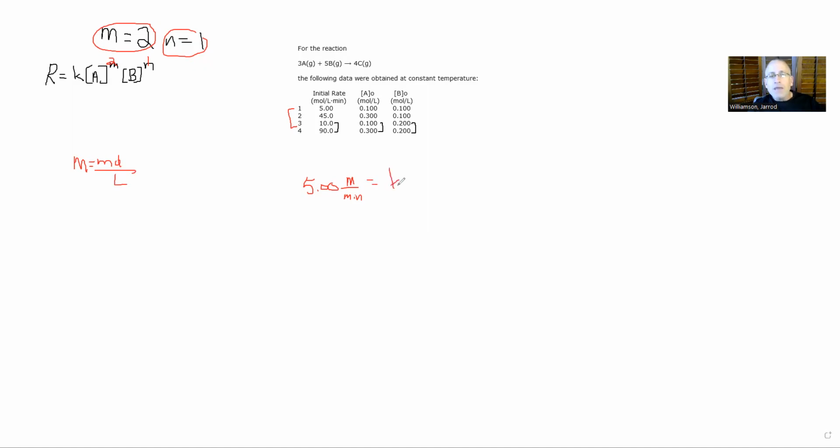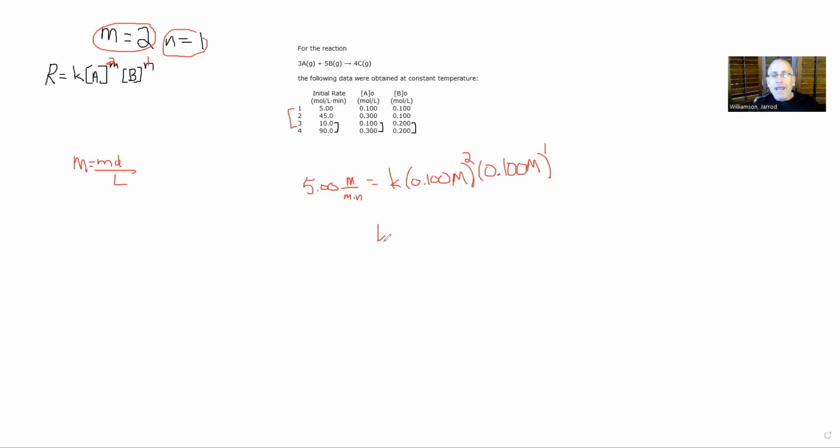That's equal to K, the rate constant. And that's equal to 0.1 molarity squared, 0.1 molarity. And it's redundant to do this, but I'm going to put it here anyway to the 1 power so you guys see where it came from.